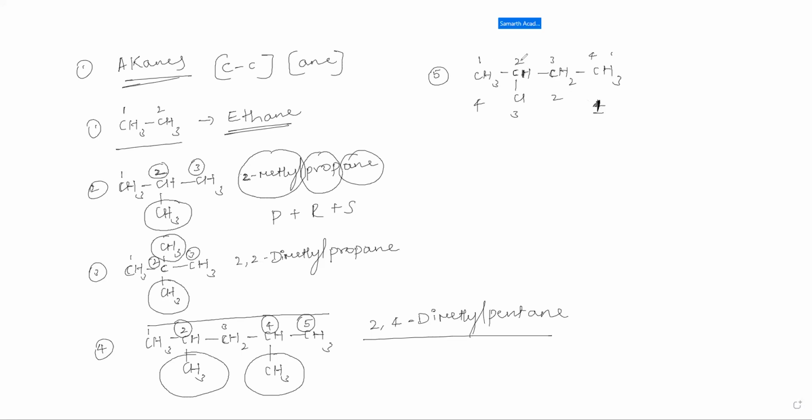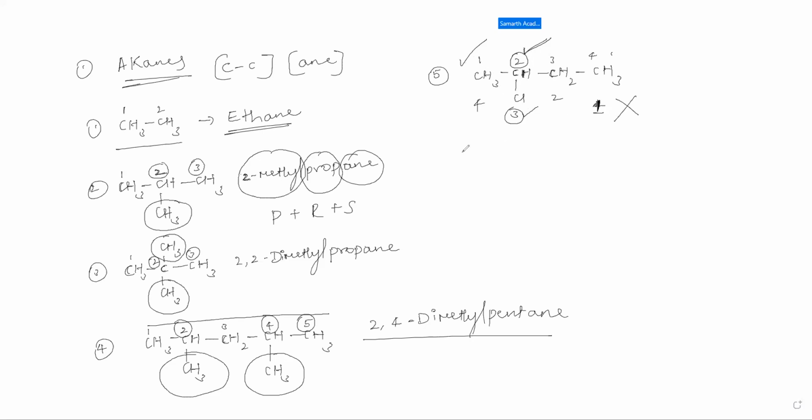So which one is the correct order? The chlorine is present at this carbon. When you start numbering from the left side, it is at the second position. When you start numbering from the right side, the Cl position is third. So 2 is the lowest number, which means numbering from the left side is correct, and this one is wrong.